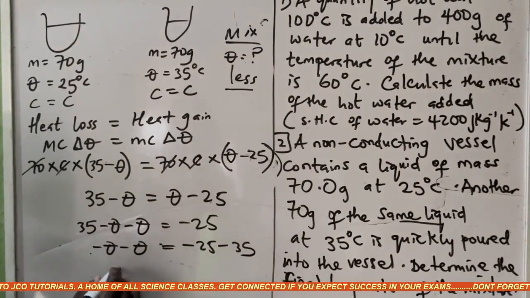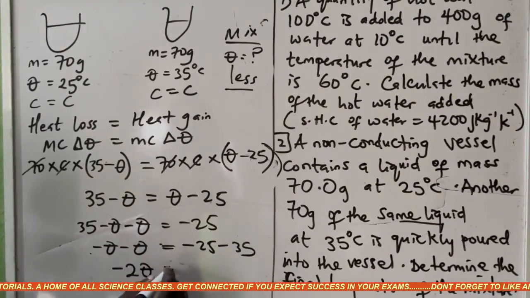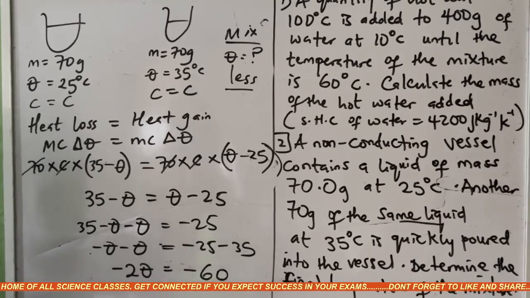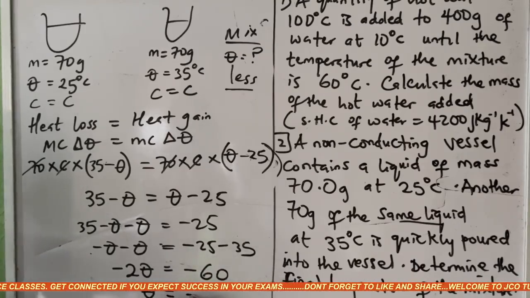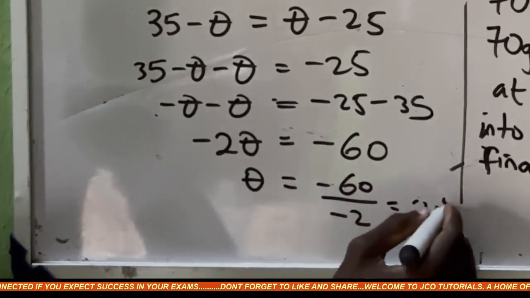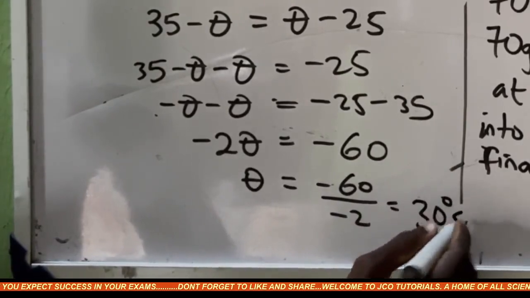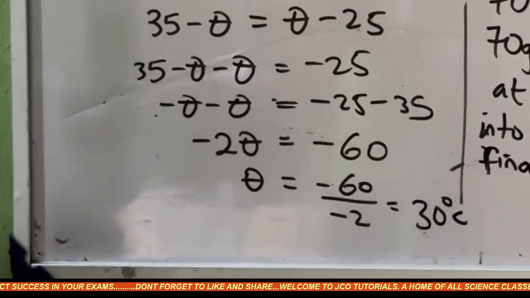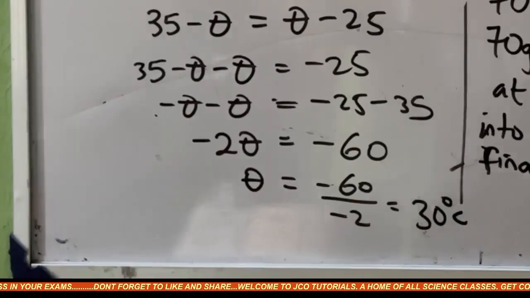That gives me minus 2 theta equals minus 60. So you divide by the coefficient: theta equals minus 60 over minus 2, which is 30 degrees Celsius. So this is the mixture temperature of the whole arrangement.